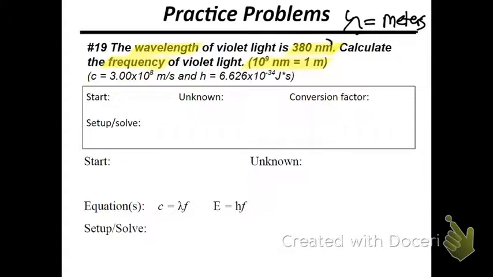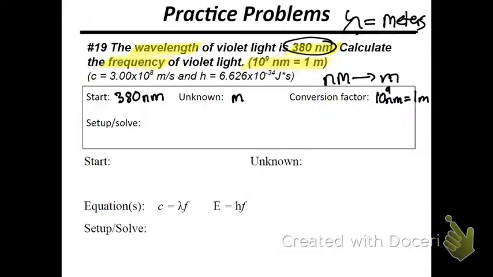We are not in meters. We are in nanometers. So we need to convert nanometers to meters. So we'll start with what we know. 380 nanometers. Our unknown, meters. The conversion factor we're going to use, 10 to the 9th nanometers equal to 1 meter.